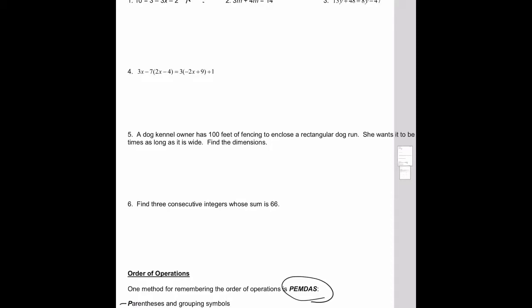Okay. So we see here on the right-hand side of the equation a 3 and a -2. You've probably heard the phrase before, combine like terms. So notice I'm just combining the numbers. If we had multiple variables, look at number 2. I see I have an m here and an m here, so I would combine those.